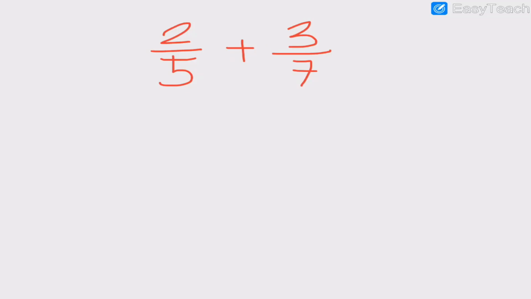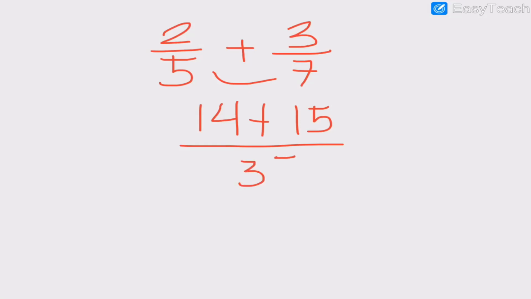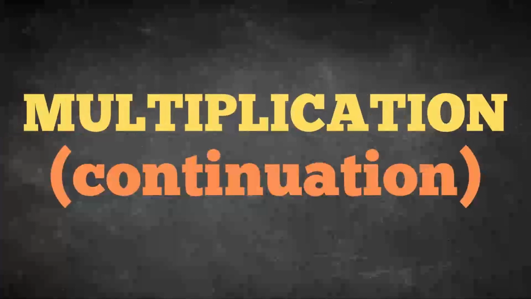So 7 times 2, that is 14, plus 5 times 3, that is 15, over 5 times 7, that would be 35. Final answer would be 29/35. Let's continue the multiplication.